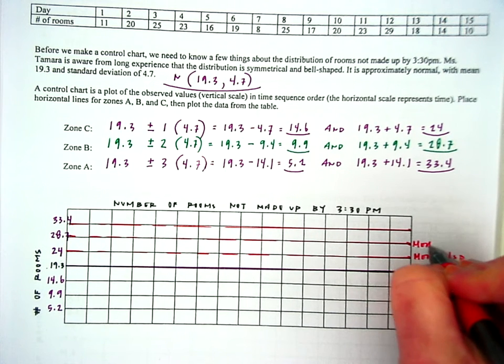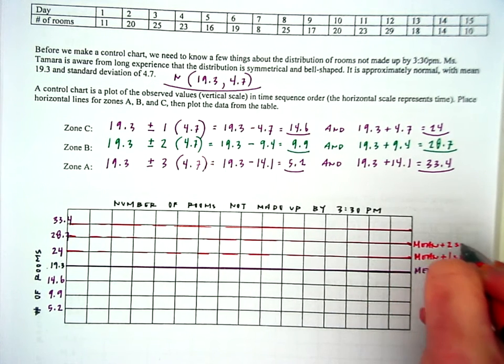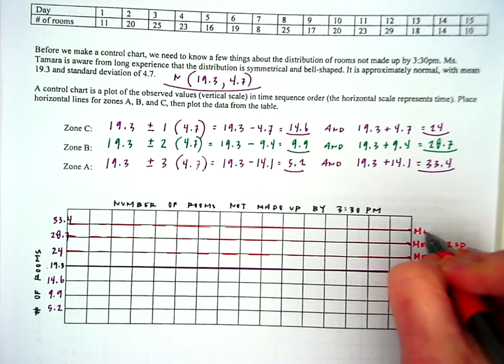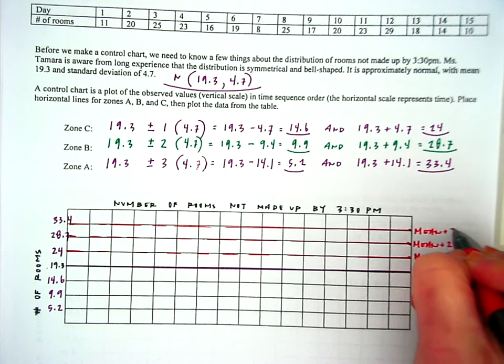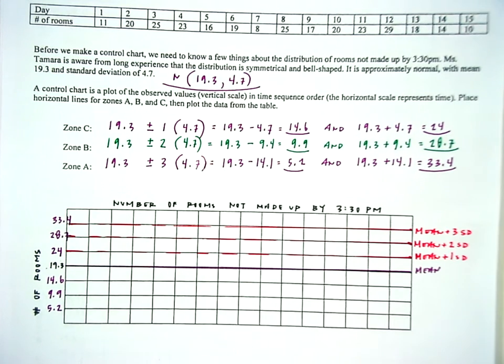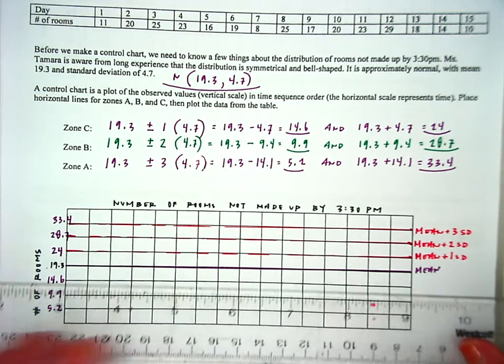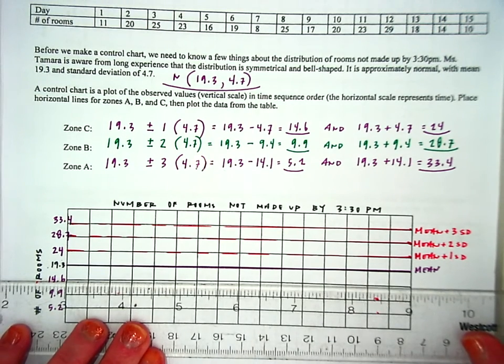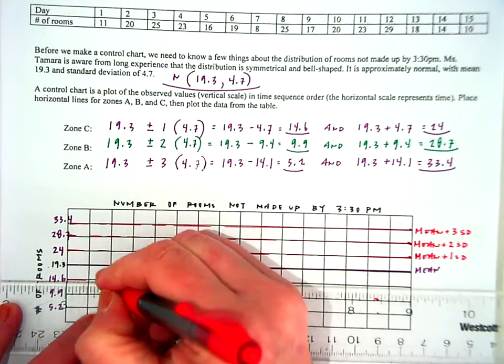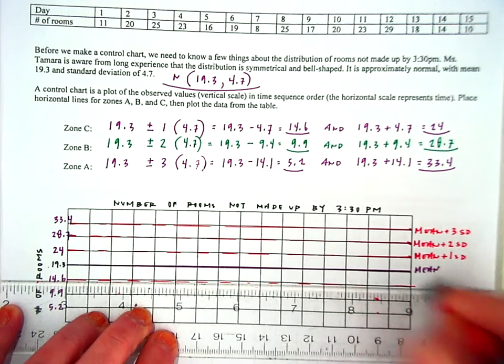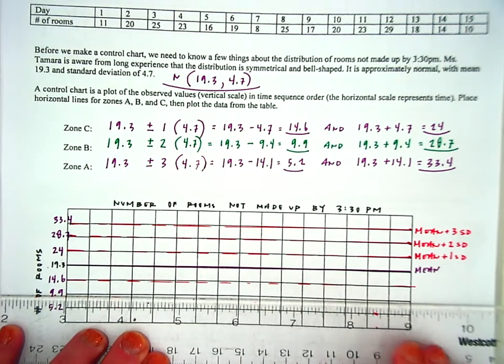Here's the mean plus 2 standard deviations. And here's the mean plus 3 standard deviations. I have to do the same with the bottom. So again, I'm just drawing in dotted pathways. If you drew it solid, that's really not a problem.